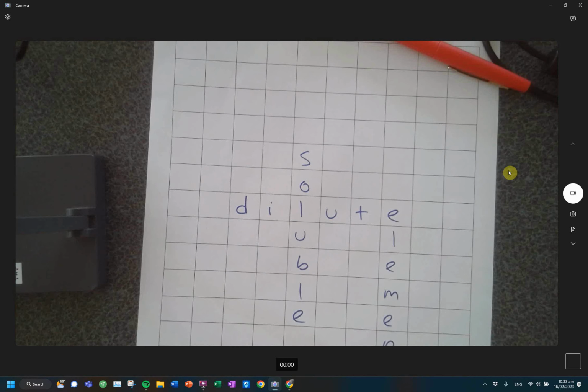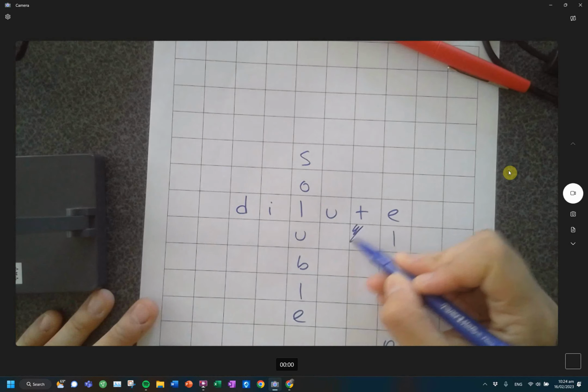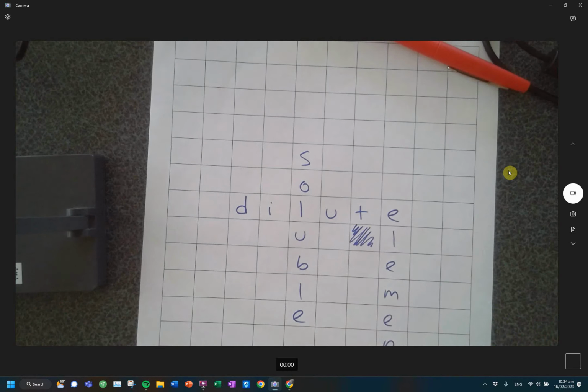All right. I want you to have a crossword with at least 8 words from our vocab list. Once you have your 8 words listed out, you can then color in the blocks that you're not using. Okay?